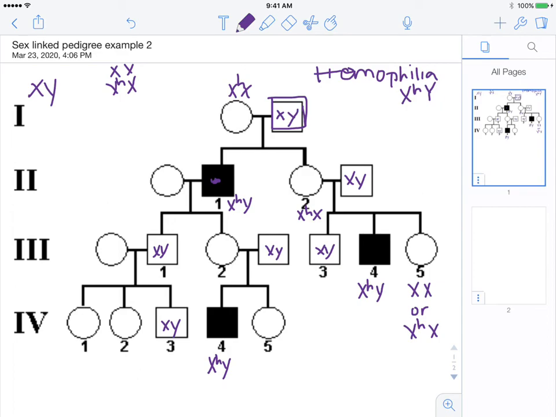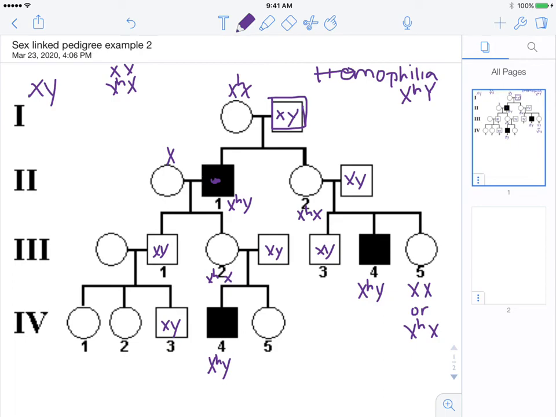Let's head over to person number 2 in generation 3. She got one X chromosome from her dad here, which means that she has at least one affected X chromosome. We know that she has an unaffected X chromosome too because she does not show the trait, so she must be XHX. Which means that she had to have gotten at least one unaffected X chromosome from her mother.